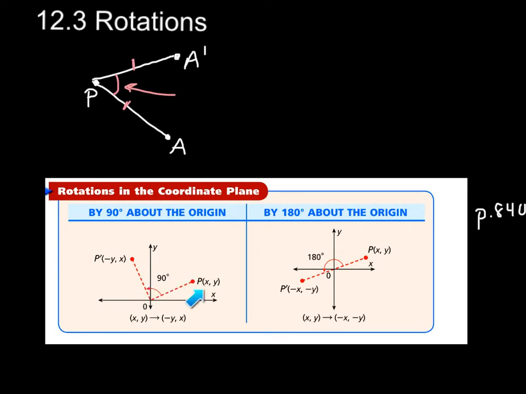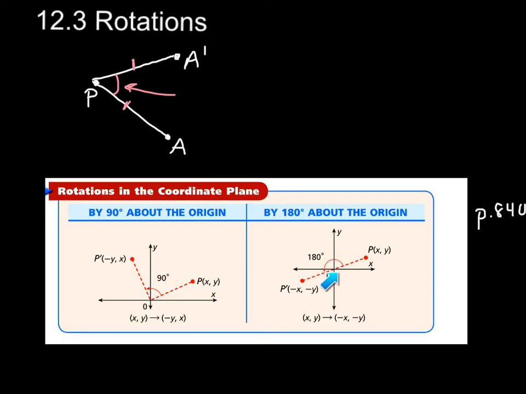Every time you go 90 degrees counterclockwise, x, y is going to map onto negative y, x, which means you flip the coordinates around, and you take the opposite of your y value. So once again, flip the coordinates around, you take the opposite of the y anytime you go 90 degrees counterclockwise.